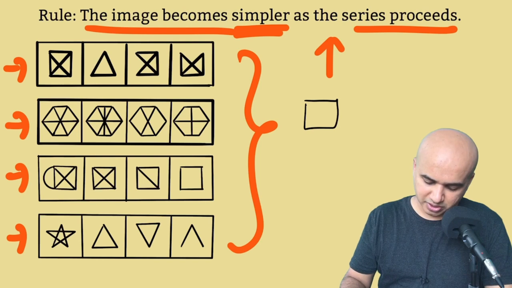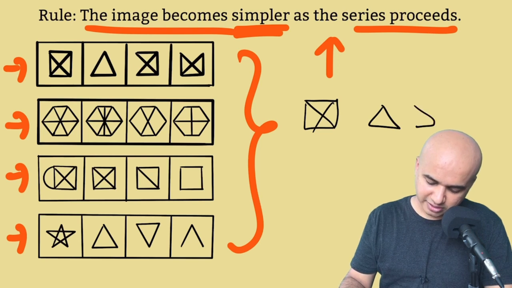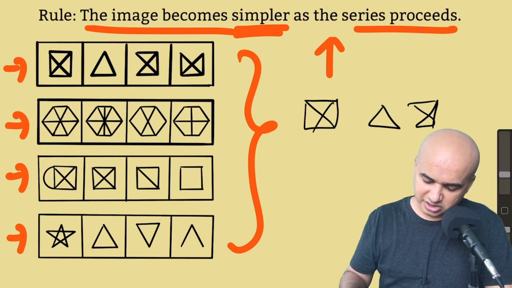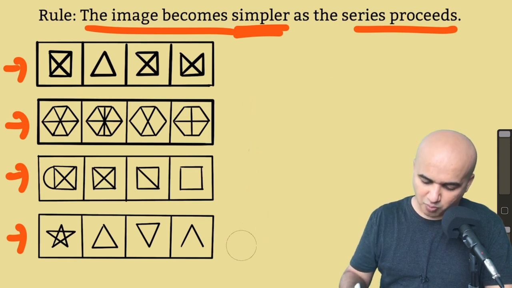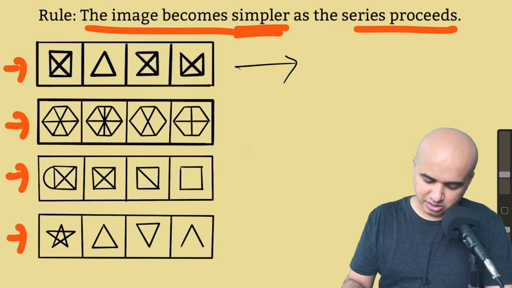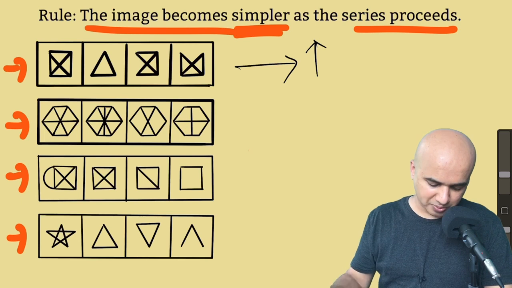In the first option, or rather in the first series, we have this shape, and after that we have a triangle, but after triangle we have something else of this sort. That means the series is not becoming simpler, but instead it is changing its form, but definitely not getting any simpler. So therefore obviously the first option, or rather option A, is not fitting inside this rule. Now let us look at the second option.